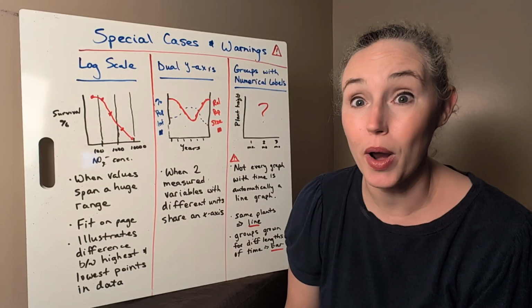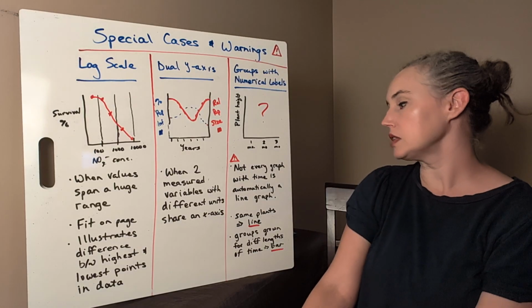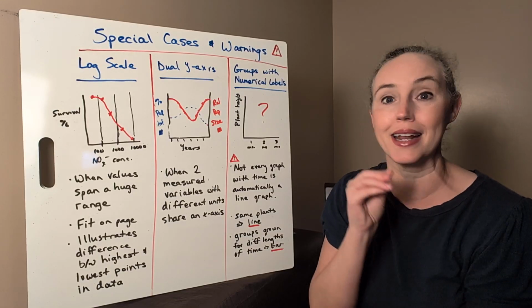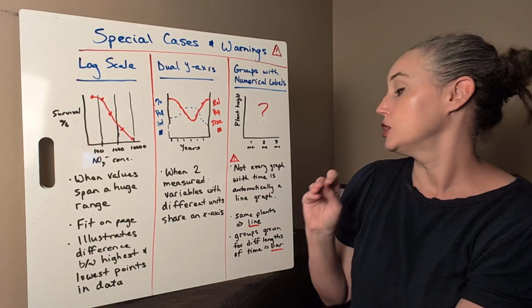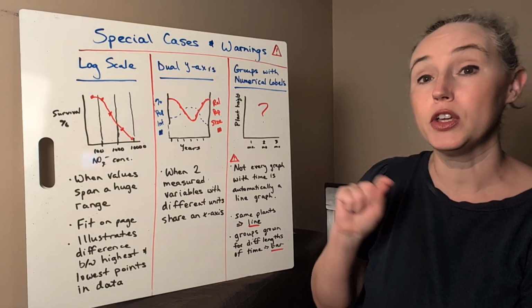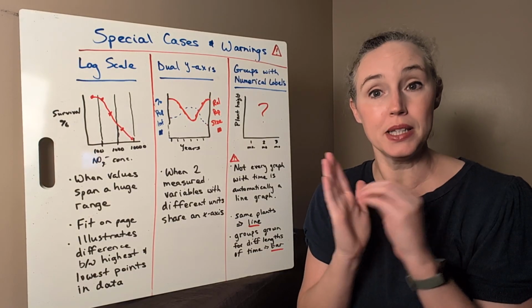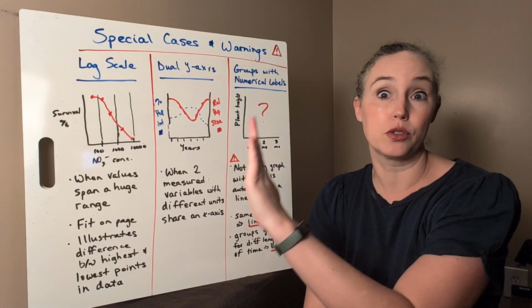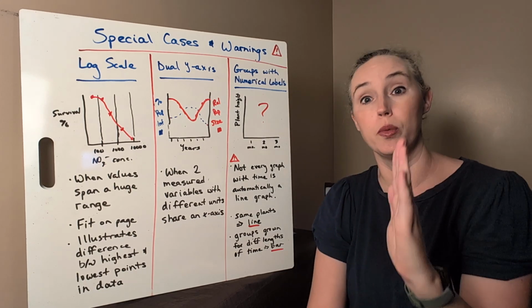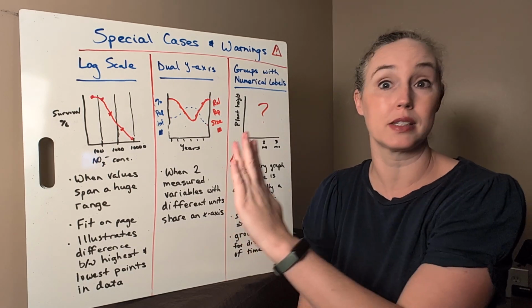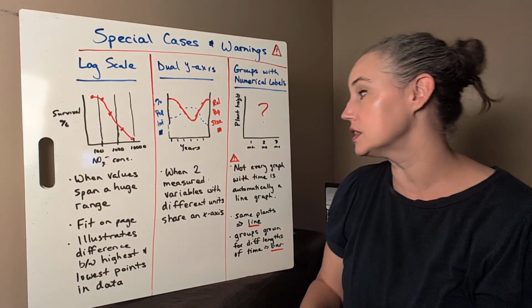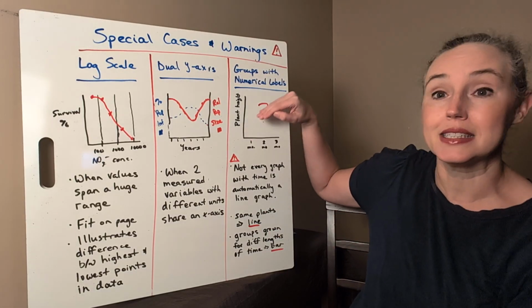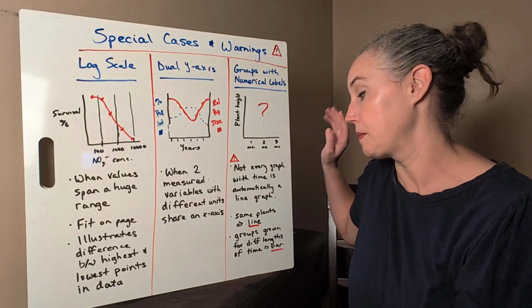You have to know more about the experiment, because not every graph with time is automatically a line graph. If you measured the same plants over time, at 1 month of growth, 2 months, and 3 months, the same plants and how they grew over time, that would be a line graph, because time is continuous.